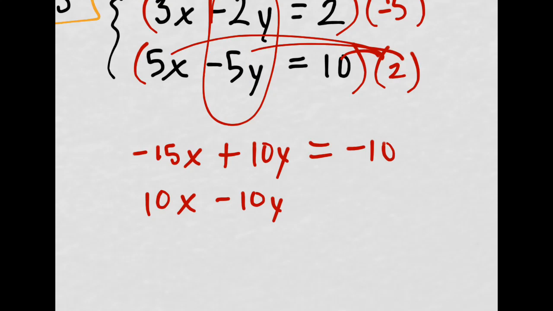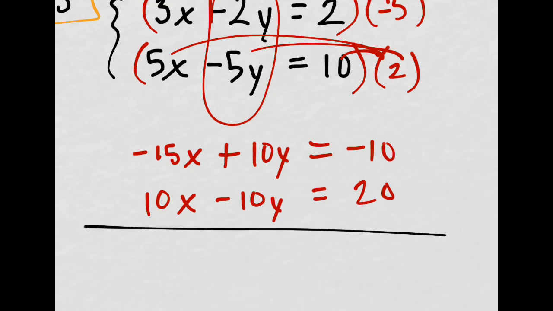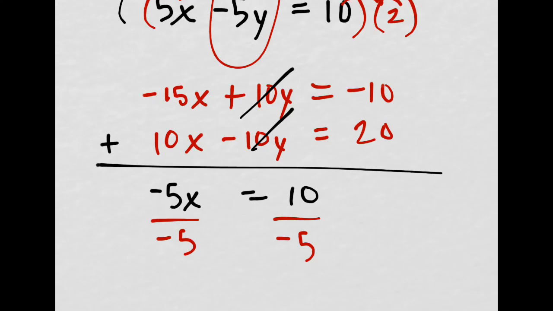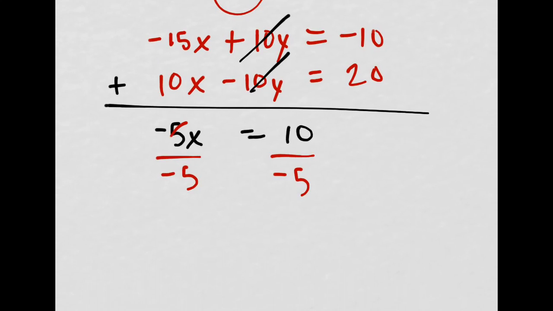So we have the same. These will definitely cancel. Equals 20, it looks like. And then I add the two equations. So that cancels out. -15 plus 10 is -5x equals, and that looks like 10. And then I'll solve. Divide both sides by -5. And that gives me x equals -2.